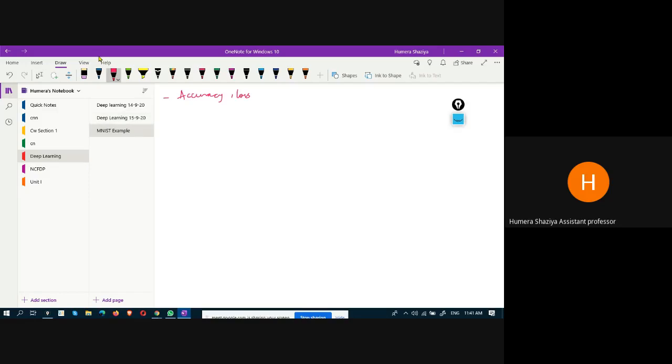Yesterday we looked at its equation. It is true positive plus true negative divided by true positive plus true negative plus false positive plus false negative. And we looked at one example, that COVID example, and it came to 93% or 0.93.